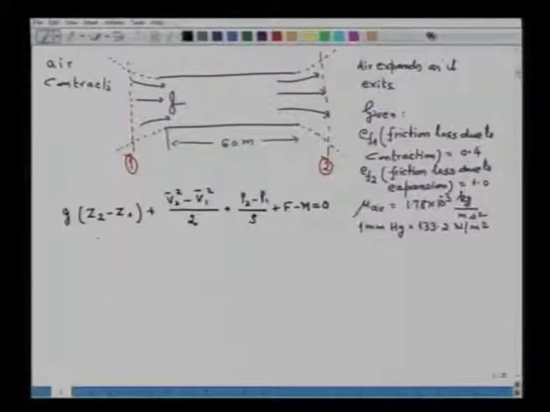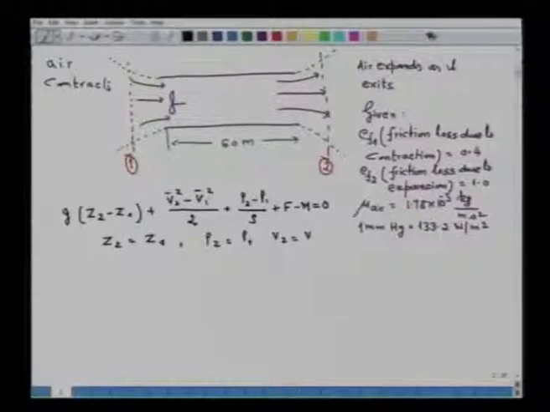equal to Z1, also P2 is equal to P1, because the air discharges at the same pressure at which it entered. So, there is no pressure gradient, and since the velocity at 1 and 2 are very, very small, we will say that V2 is equal to V1.